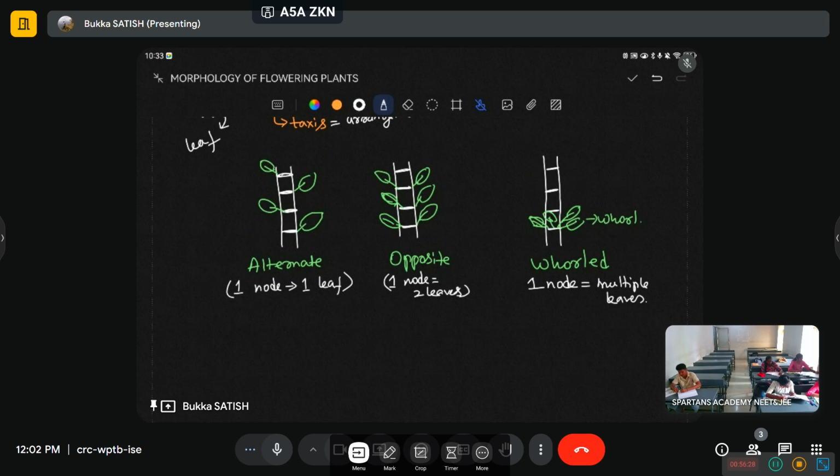Right. Apart from these examples, only NCERT examples are enough. Don't go beyond NCERT. Okay. China rose, mustard, and sunflower for alternate. Opposite, very important example, calotropis.